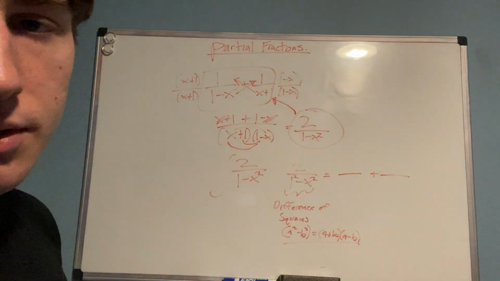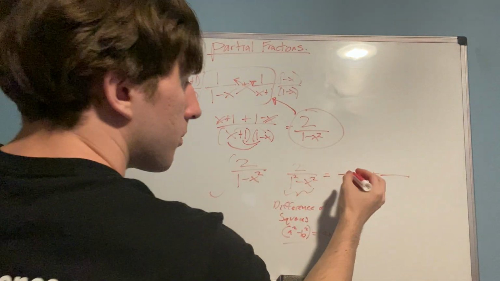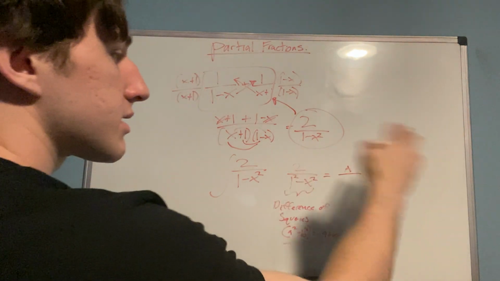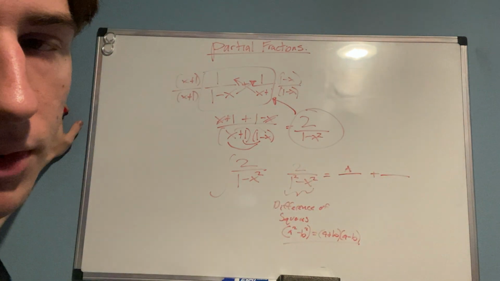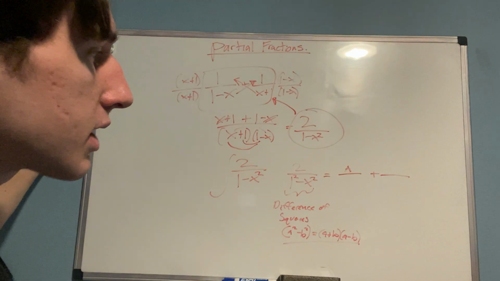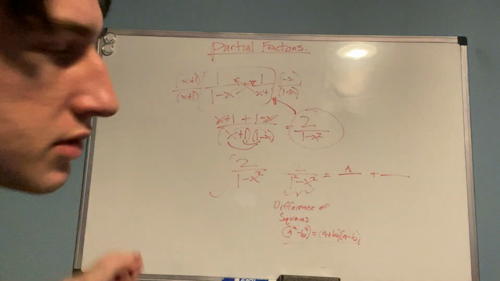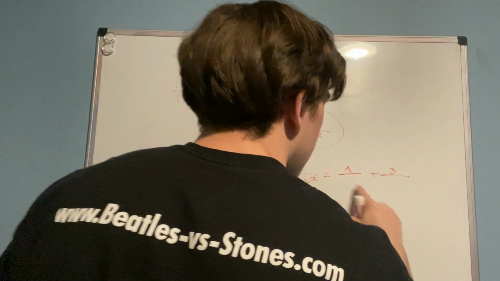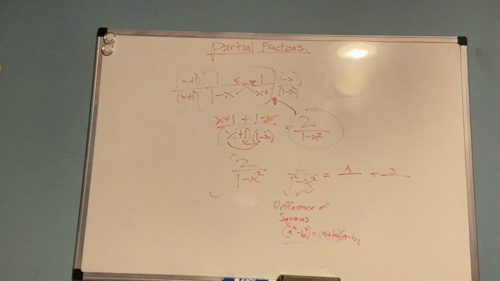Now we don't know what the numerator is going to be for our fractions. So what we do here is we're going to put a letter, we're going to call it A, and then the next fraction over, if you keep adding all your fractions, it's just going to go down the alphabet. That's what we usually do, is we go A, B, and then C over this mess, and so on. So basically that's going to be our numerator.